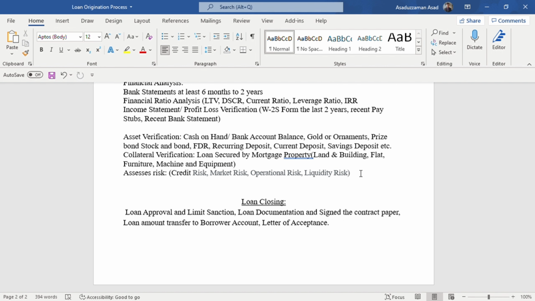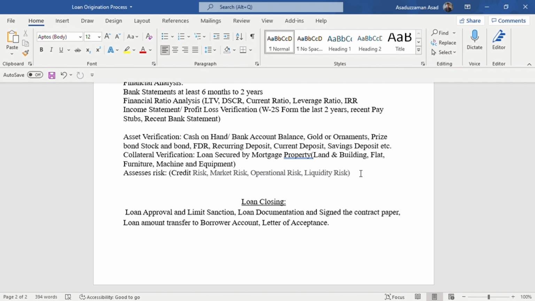And then the borrower will sign all the documents. After completion of documentation, the loan officer will create a loan or create a limit on the CRM system and transfer the whole loan amount to the client's savings or CD account.